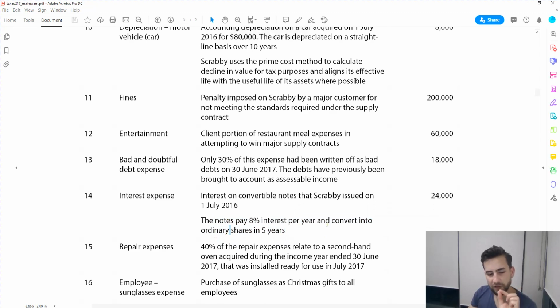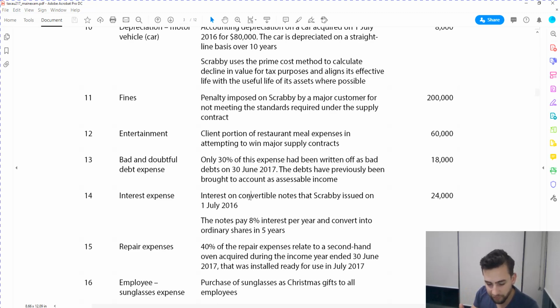Now the thing to consider here, the watch out here, the thing that I picked up straight away on is it's convertible. Now if you've studied all the core content and watched our videos down below about understanding the core content, you'll think straight away about convertible: is this debt or equity? Just because in title something says debt or interest expense doesn't mean that it is debt.